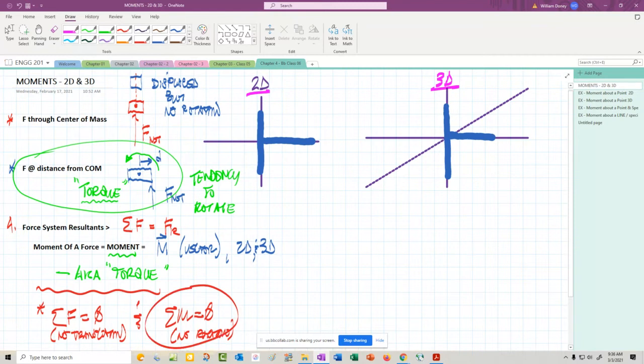First, we're going to learn how to calculate or determine the moment or net moment or resultant moment, just like we did with forces. And then we'll apply the equations of equilibrium so that the moment equals 0, so that we remain in static mode.